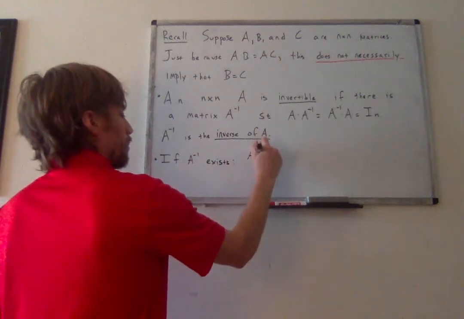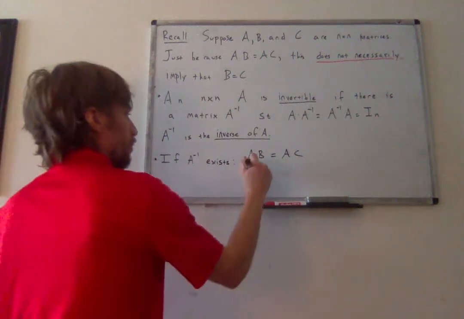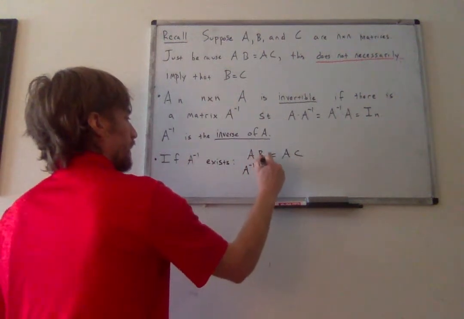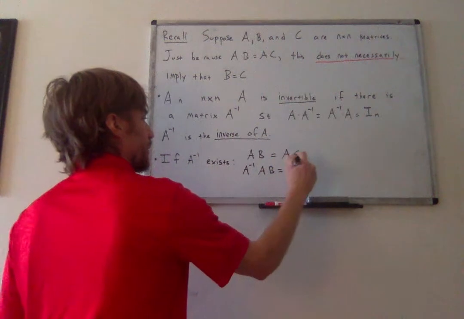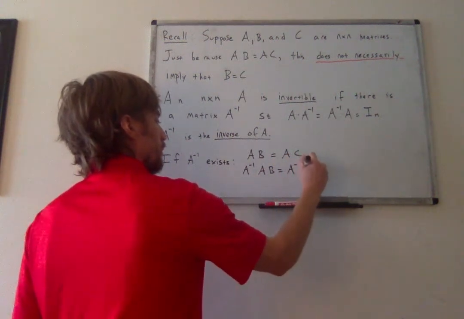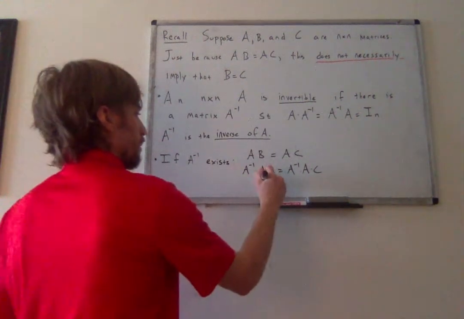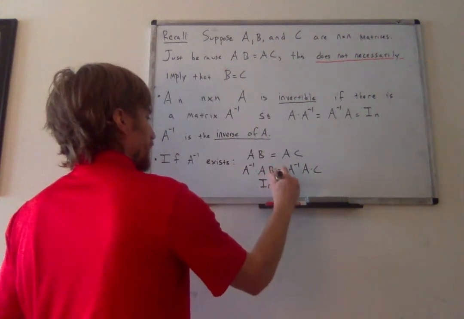and I have AB equal to AC, well, what I can do is I can multiply both sides of this equation by A inverse, right? And so A inverse times A is just equal to the identity.